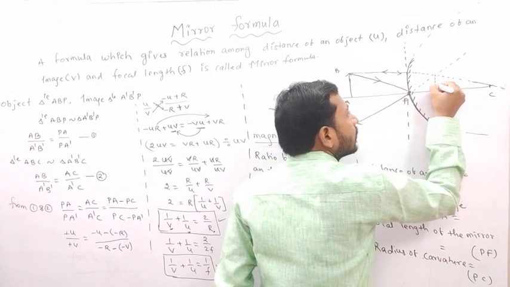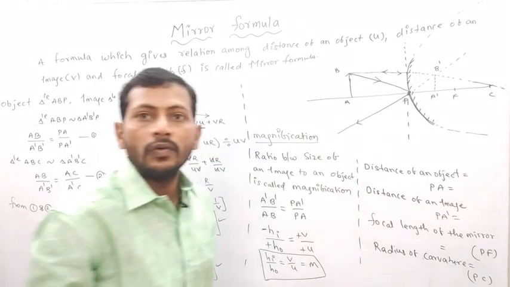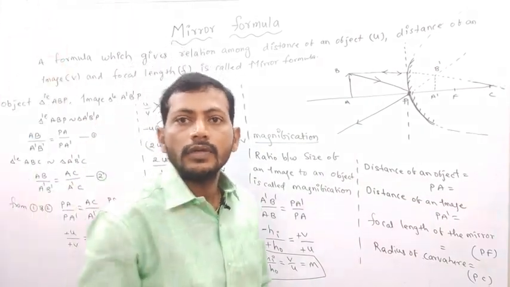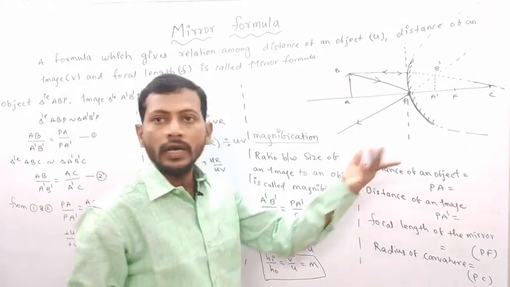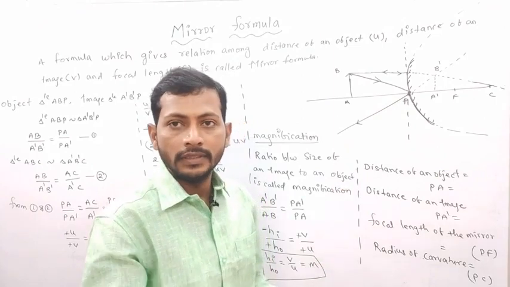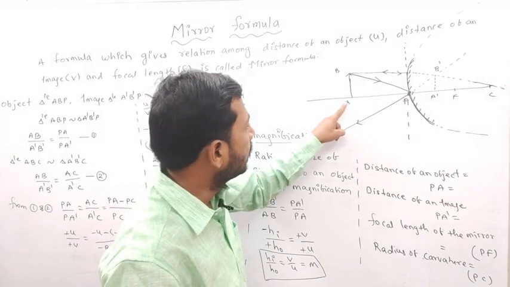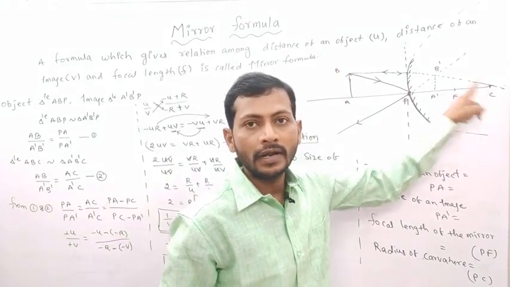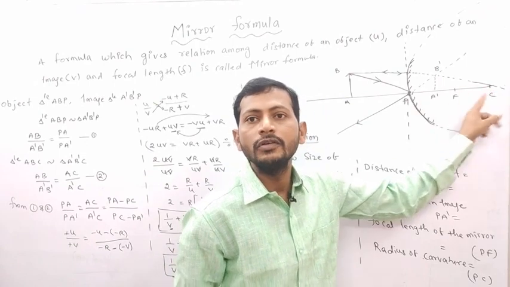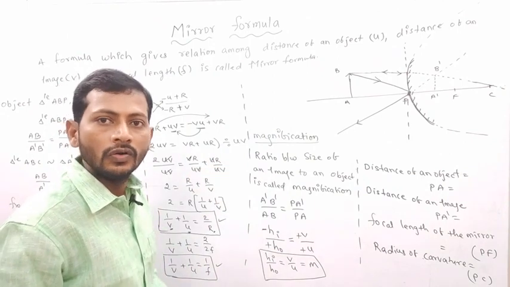Then this is A dash, B dash. Now, 1 second. See, now you got all the triangles: ABP, object triangle; A dash B dash P, image triangle; ABC, mirror to object; A dash B dash C, image to mirror. Then again take the equations like that and solve.